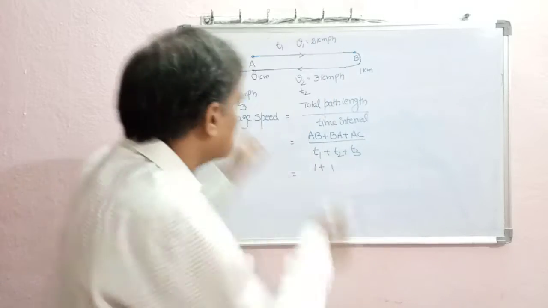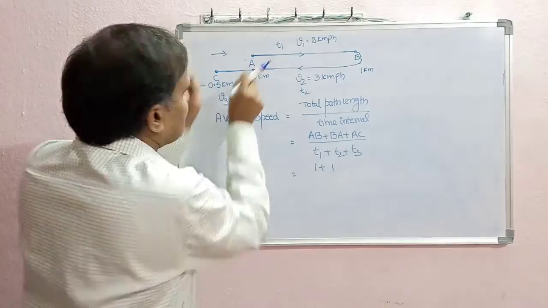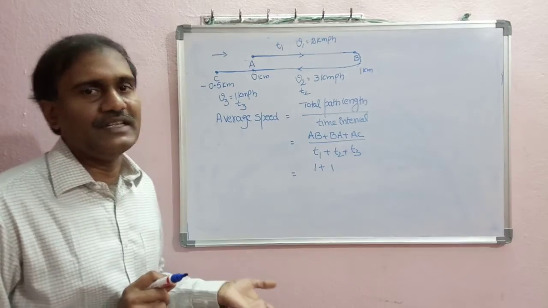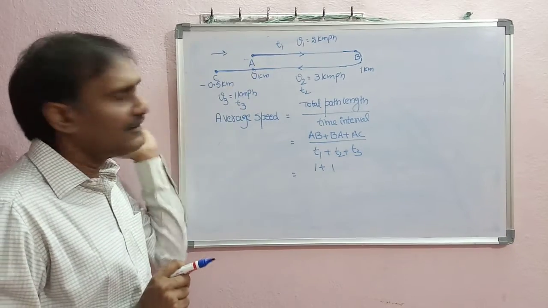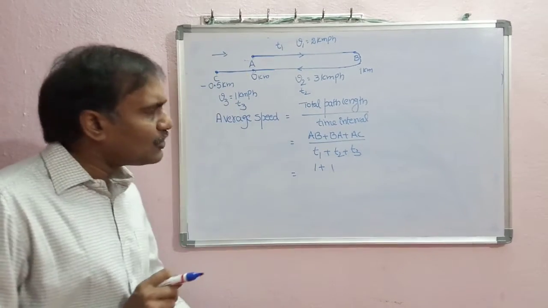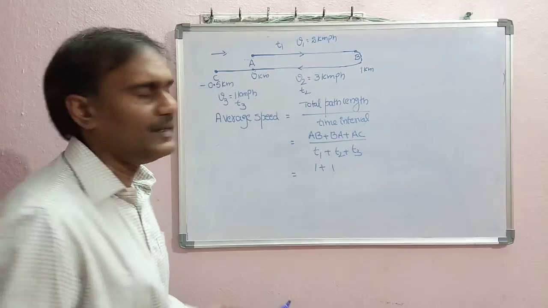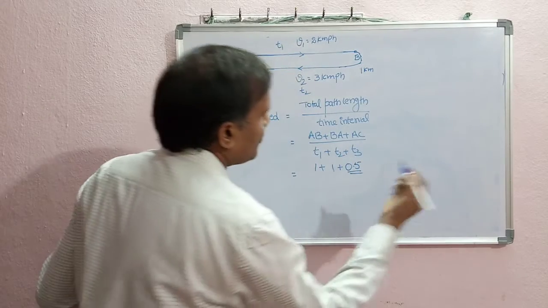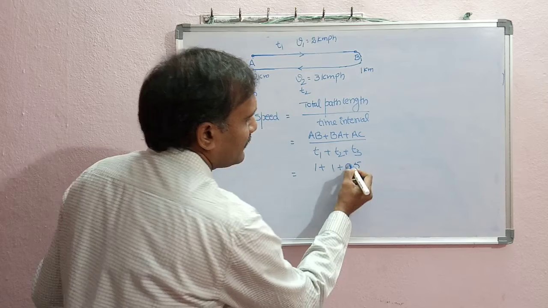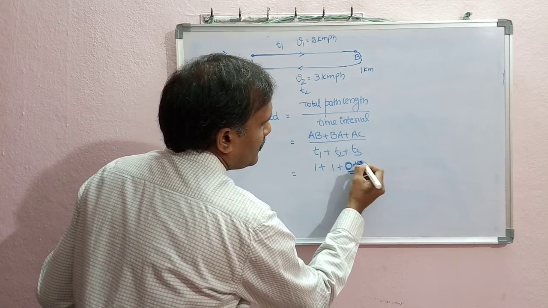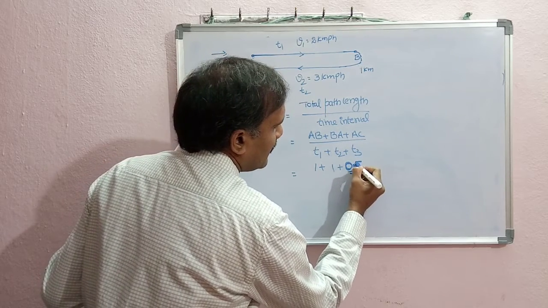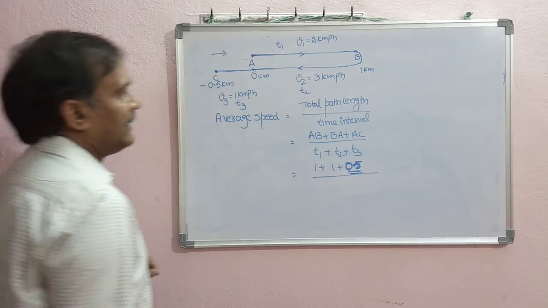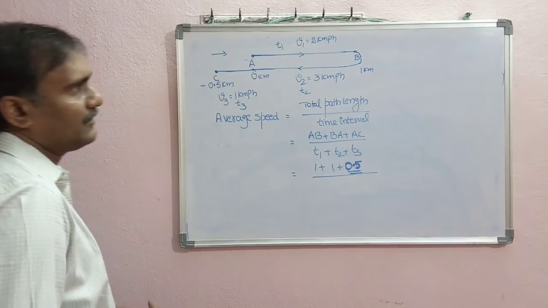When you measure it with a tape, how much length does it have? 0.5 kilometers. The negative sign only indicates direction. Remember that path length is always positive. The whole is divided by T1 plus T2 plus T3.